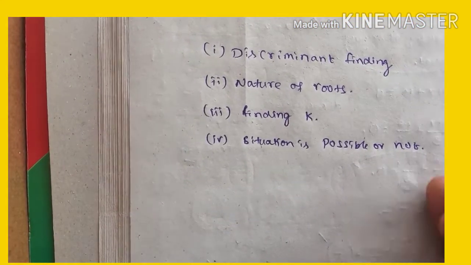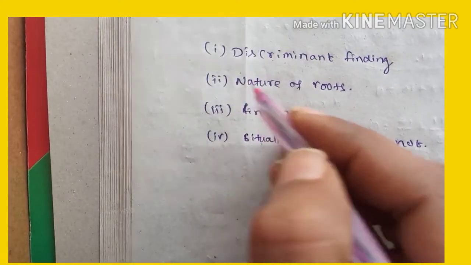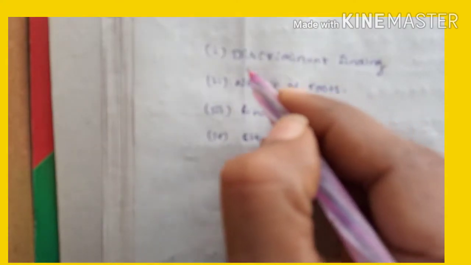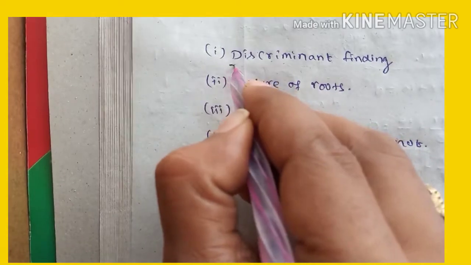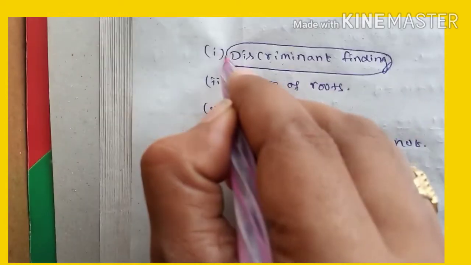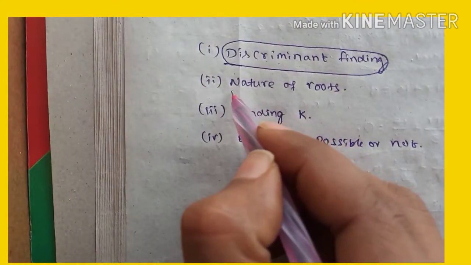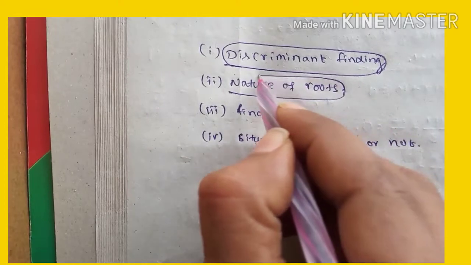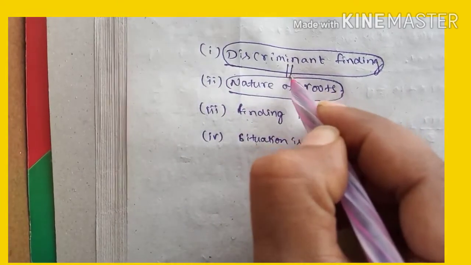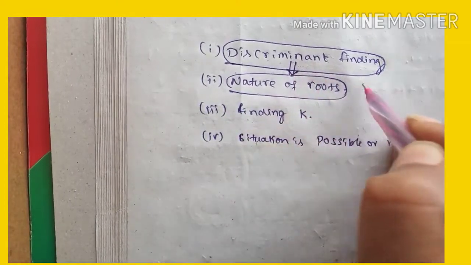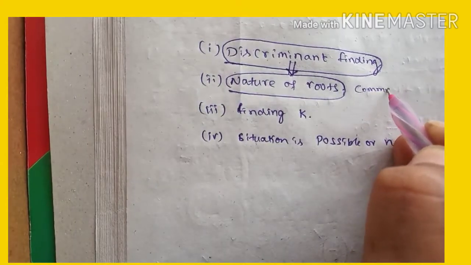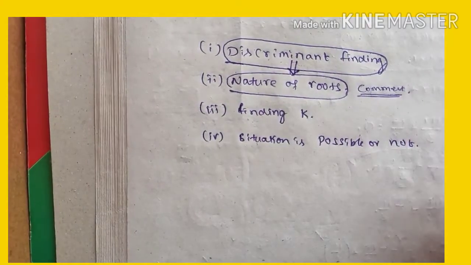Hello students, in this video I would like to explain finding the discriminant of any quadratic equation. Next, the nature of the roots. Based on the discriminant, how to decide the nature of the roots, what is the comment on the quadratic equation.